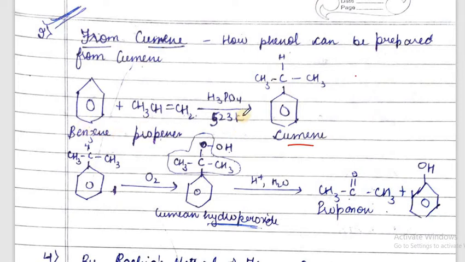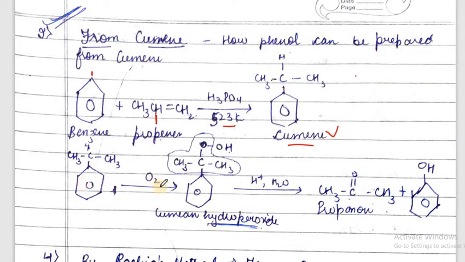Benzene and propene in the presence of phosphoric acid at 523 Kelvin temperature give cumene, and thus this carbon gets attached to the benzene ring here, and this carbon has one side a CH3 group, the other side CH2, that is, addition takes place and CH3 is already present. So this group, that is propene, is introduced at this benzene. So cumene is formed.